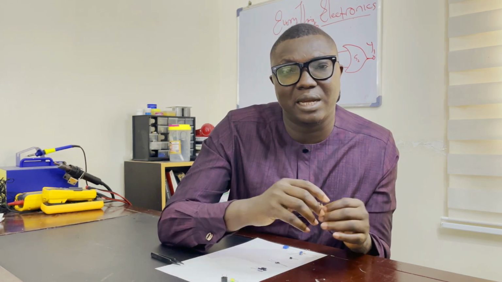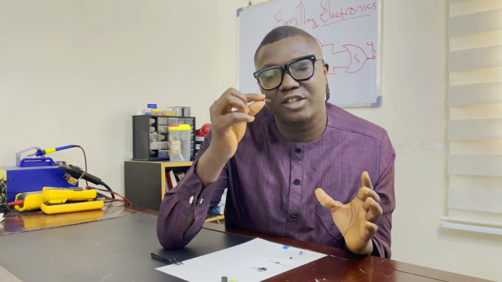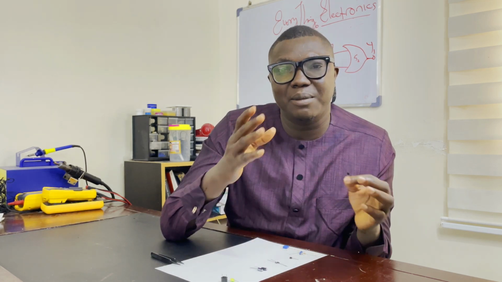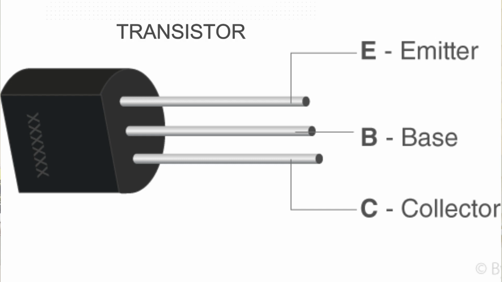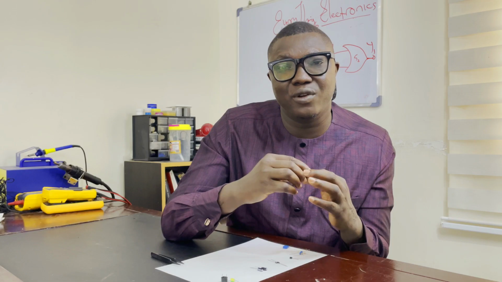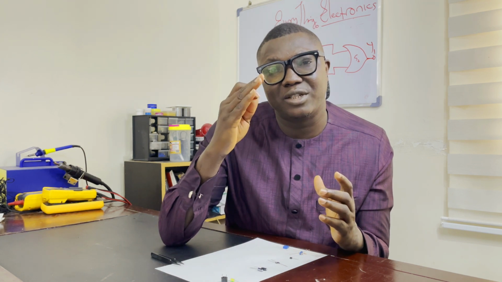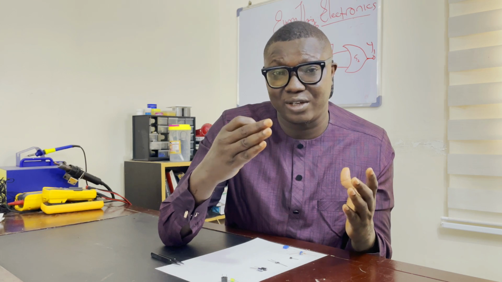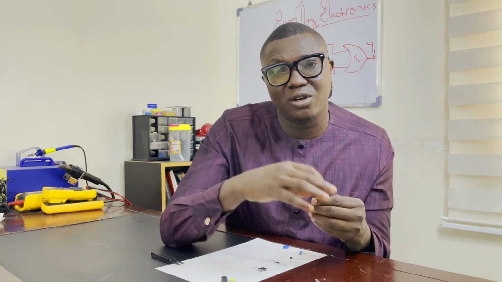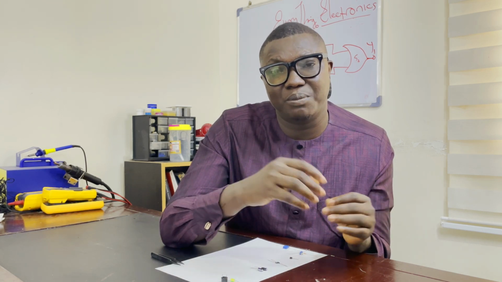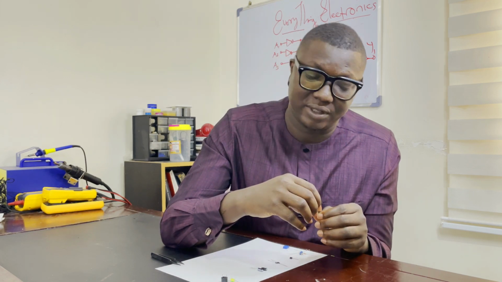Also, a transistor has 3 terminals, namely the base, the collector, and the emitter. You can control the behavior of a transistor by sending a signal through the base, just like you do for your tap. You turn it on and off, depending on the position of the valve.